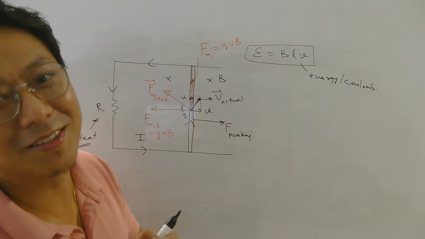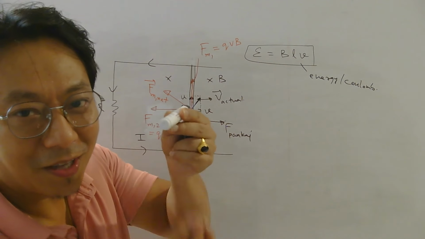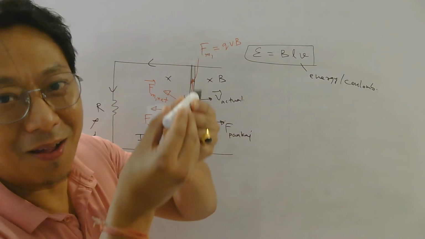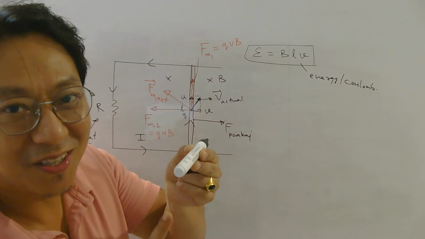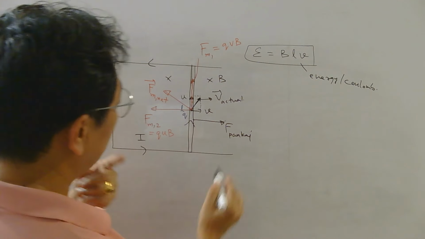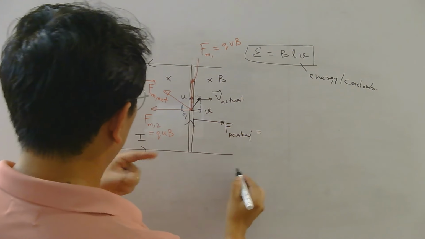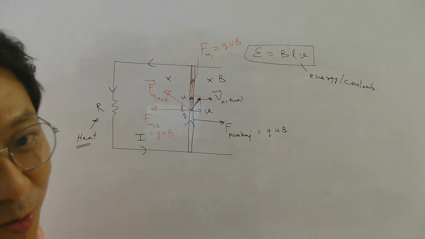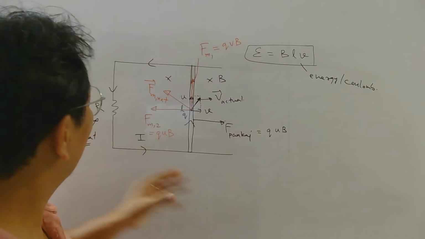Just like the first example where gravity was acting downwards on the marker and I moved it up by applying the same force in the opposite direction, right? So to move this uniformly, you must apply a force equal to QUB.